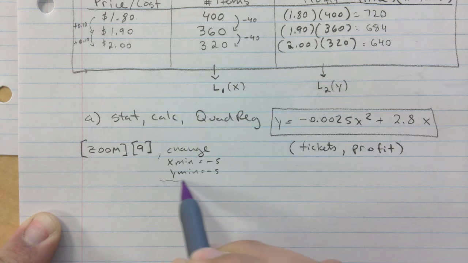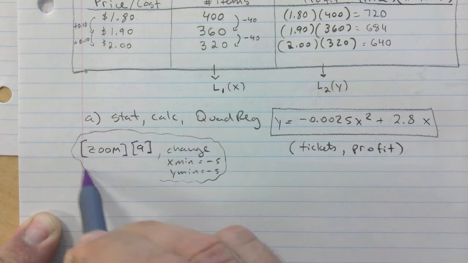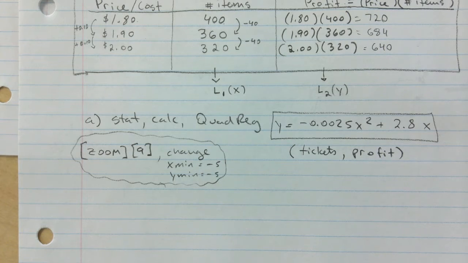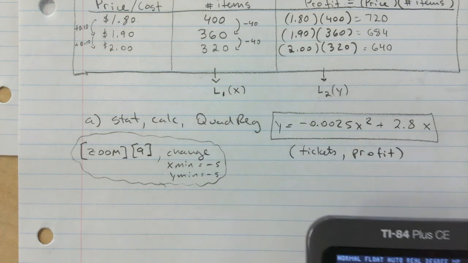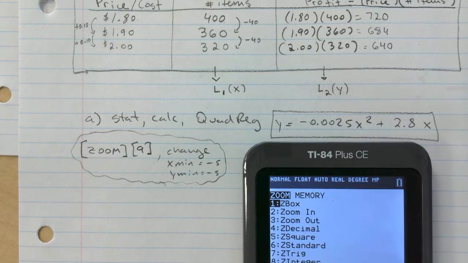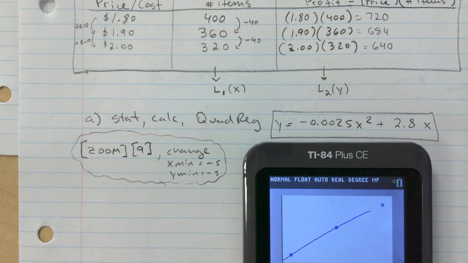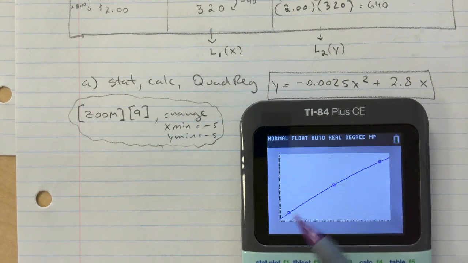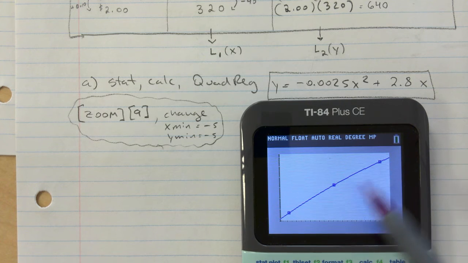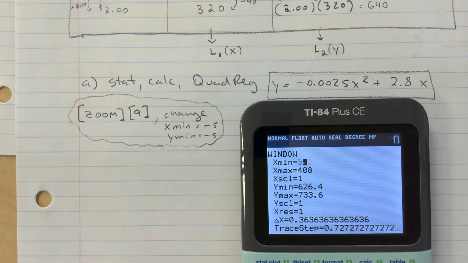That's something that I would like you to know, because some students do the zoom 9 thing, it doesn't happen very often. I'm going to do it one more time. And they try to find the vertex looking at this. They try to find the vertex out of this section. Well, you're never going to find the vertex. It's not there. You're not looking at the whole graph, right? So keep that in mind.